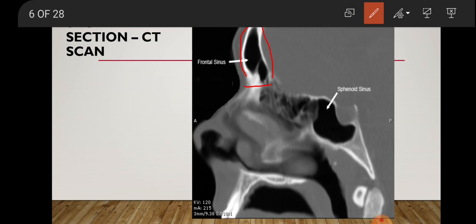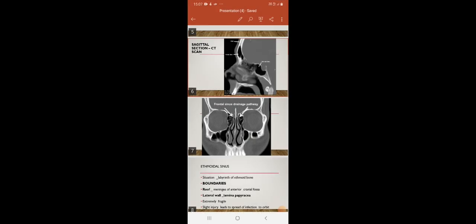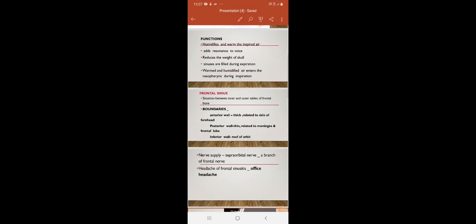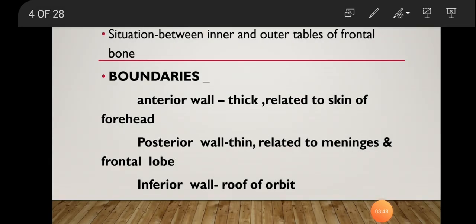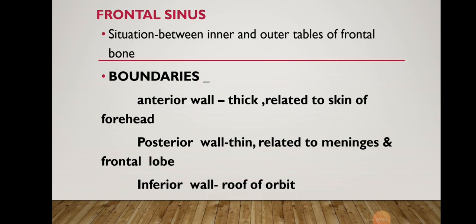The posterior wall is thin, and it is related to the meninges and the frontal lobe of the brain. The inferior wall is formed by the roof of the orbit. That's about the boundaries of the frontal sinus.